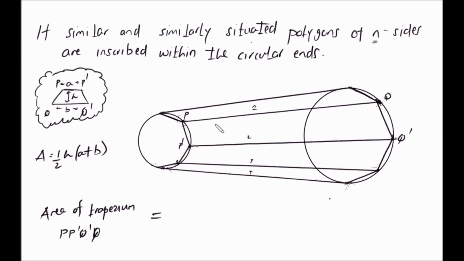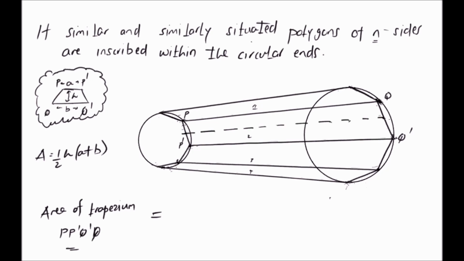So to get the area of this trapezium, hii trapezium ya pili, I have to draw a line ambayo ita represent the height of that trapezium. So hiyo dashed line iliyochora hapo ndo ita represent the height.